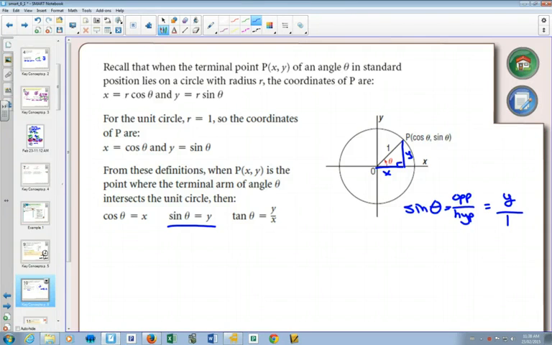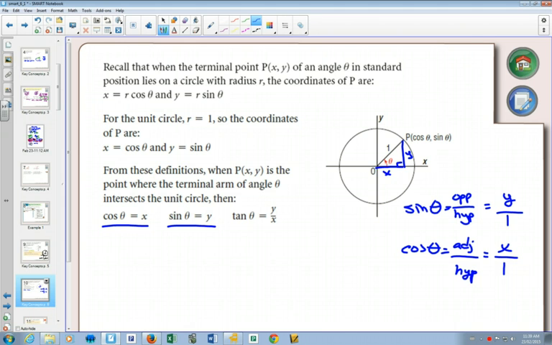If we look at cos, we know that cos of theta is the adjacent side over the hypotenuse. And that gives us that cos of any angle theta is the same as the x-coordinate on the unit circle.